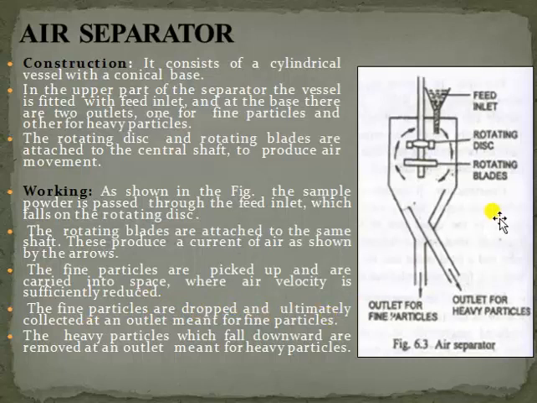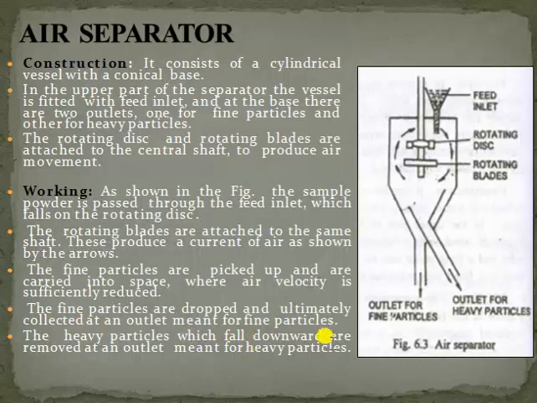Here you have to remember that once this circulatory movement occurs, the fine particles will be in circulatory movement, but the heavier particles will separate out easily due to gravitational or sedimentation forces. So the fine particles will be in air circulation, and after stopping the air circulation, they can be collected from this outlet.